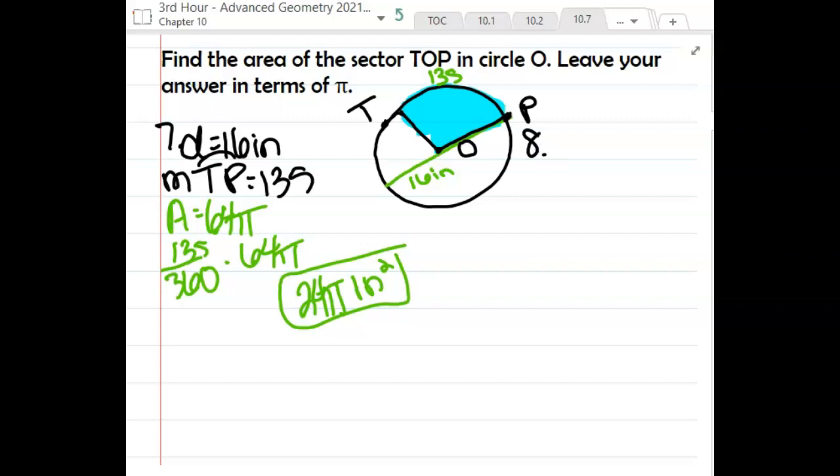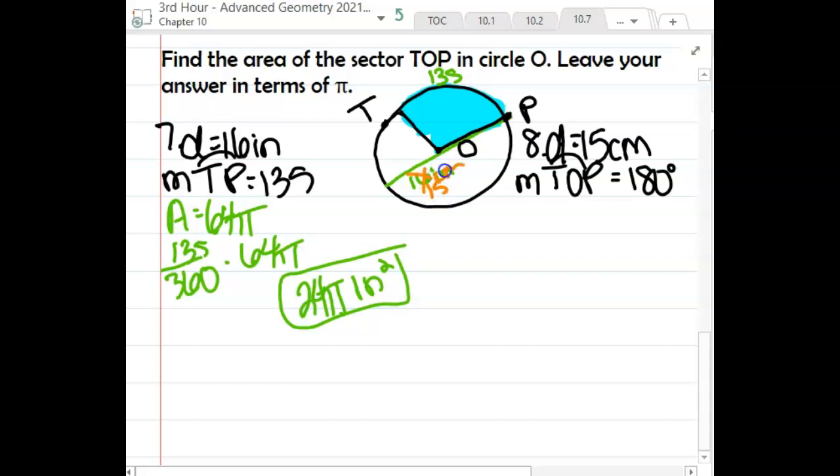Let's do one more. So we have a diameter of 15 centimeters. And the measure of arc TOP is 180. So we have a diameter this time of 15 centimeters.